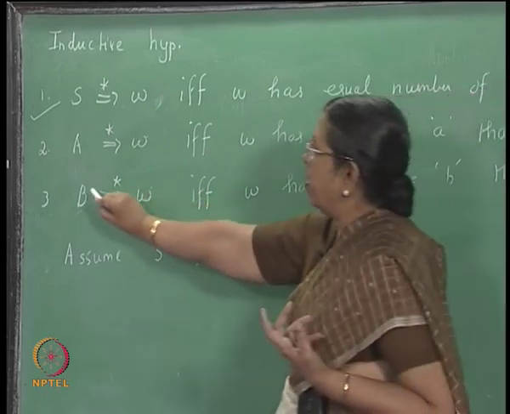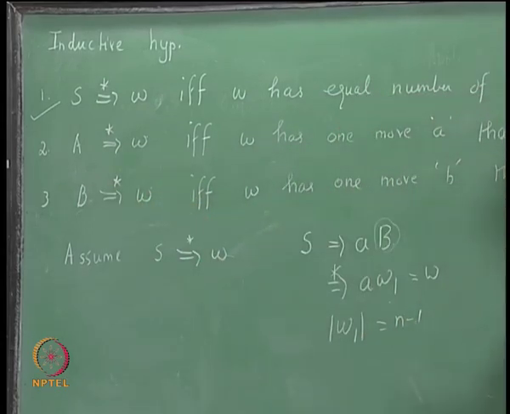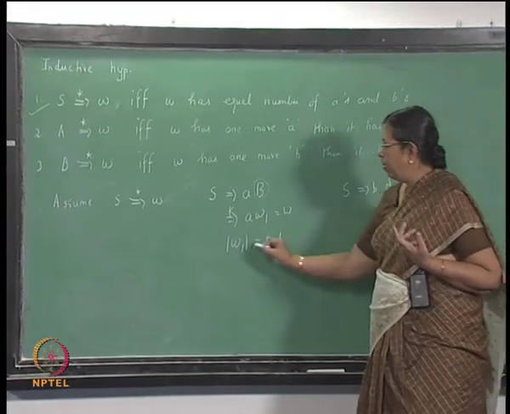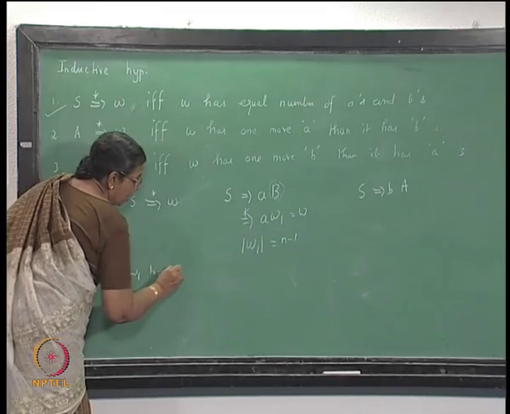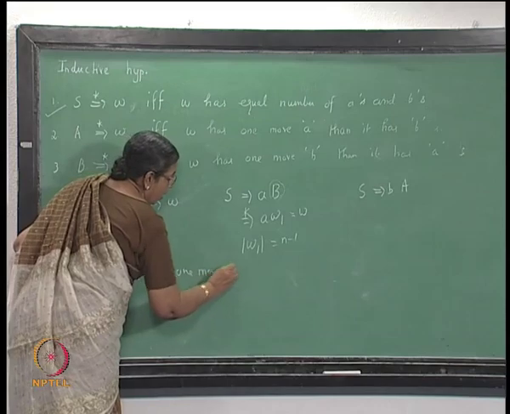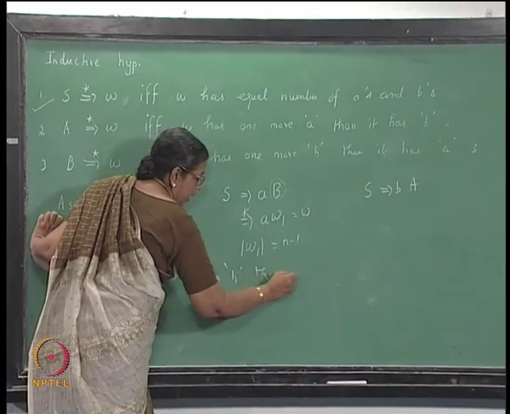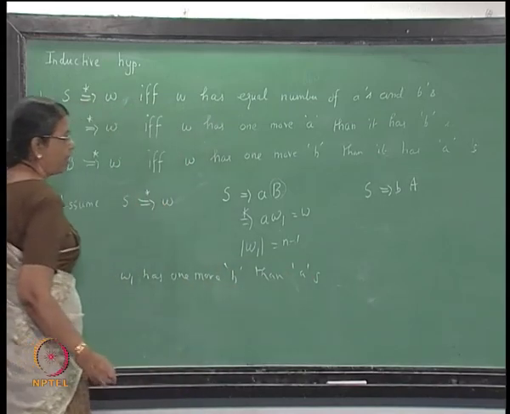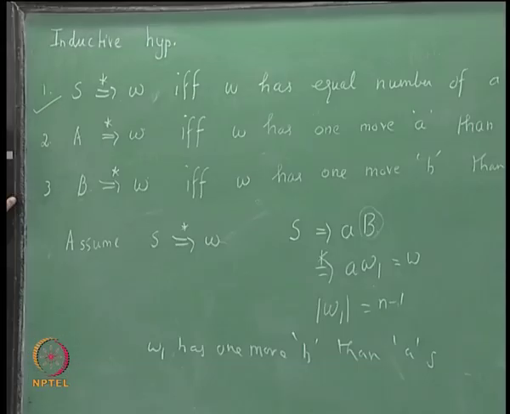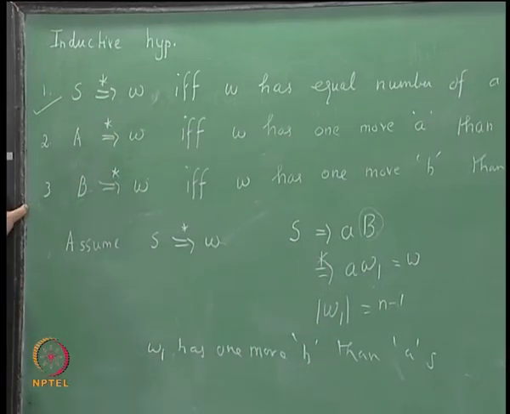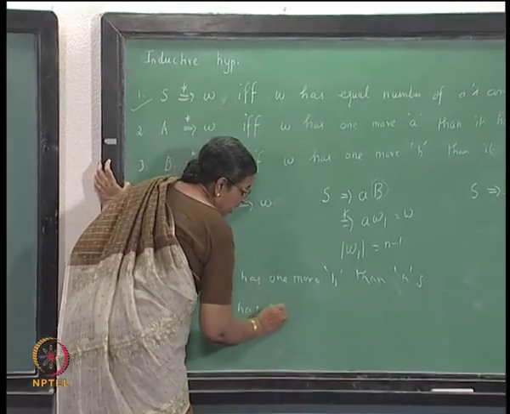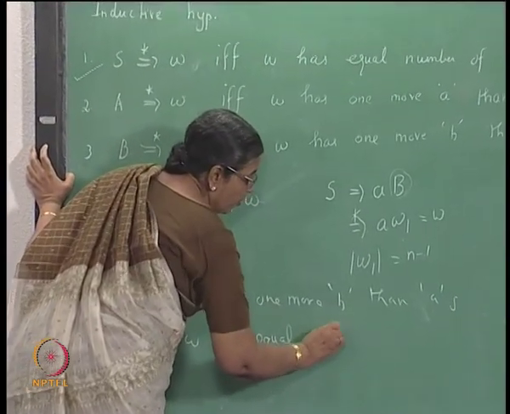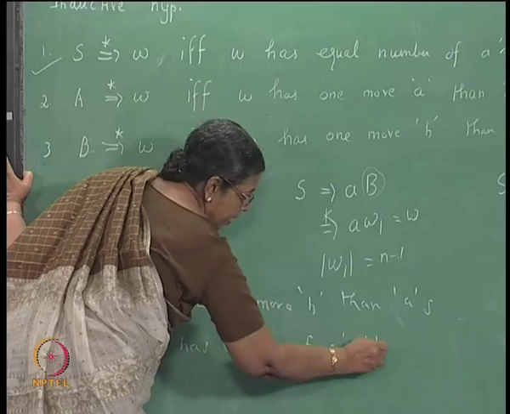A string is derivable from B if and only if it has one more B than it has A's. So, W1 has one more B than A's, right. So, along with this A, what can you say about W? W will have equal number of A's and B's. Therefore, W has equal number of A's and B's.